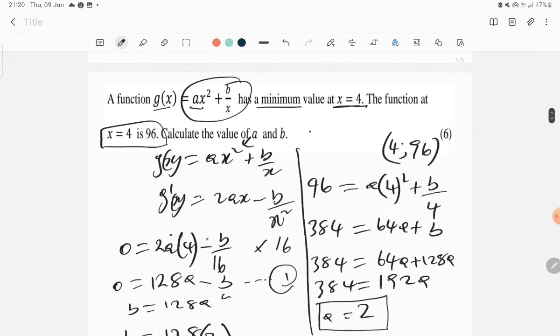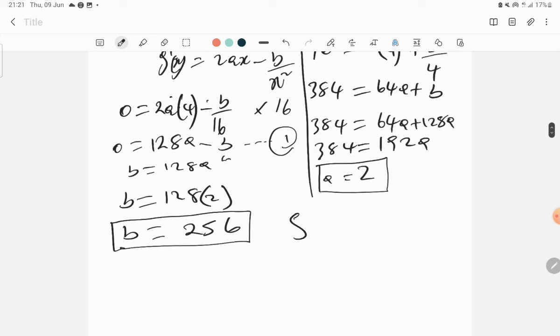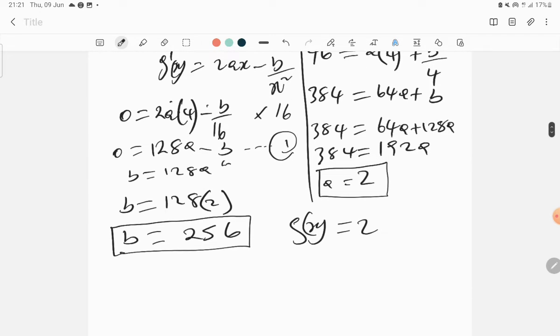So it's only when this x is at the minimum value of this graph, and the function has this point, which is the turning point, of course. We were looking for a and b, and a and b is that. So you can write your equation if it's required. Your a is 2, then x squared, then plus b, your b is just 256, over x.